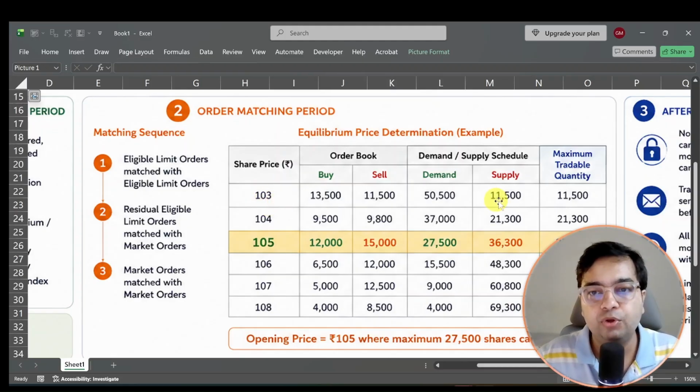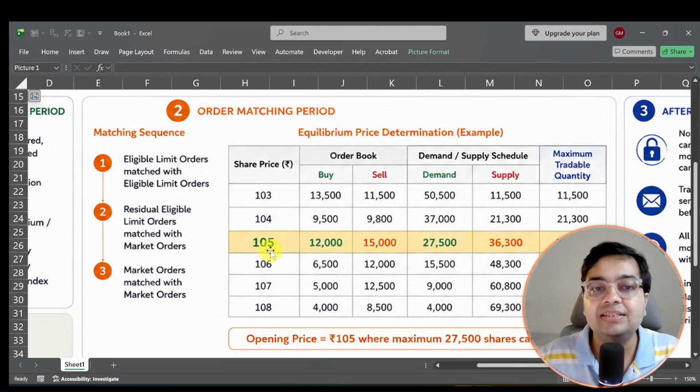So that is the reason when you look at the supply schedule at 103 level, you find this 11,500, which is same as the sell quantity at 103. But when we look at 104, it includes the 9,800 sell quantity, making this total of 11,500 plus 9,800, 21,300 of the supply schedule.